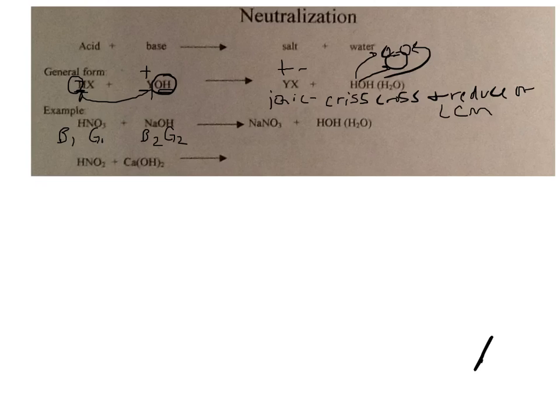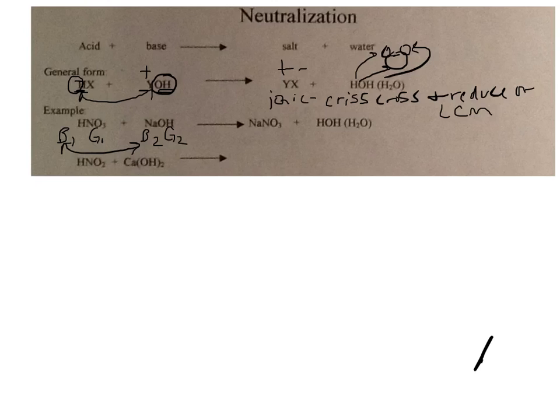So again, in ionic compounds, we don't have any girls together or boys together. You have a metal and a nonmetal, so it's one boy, one girl. So what you're going to end up with then is these two boys are going to switch partners, or the girls are going to switch partners, however you want to look at it.